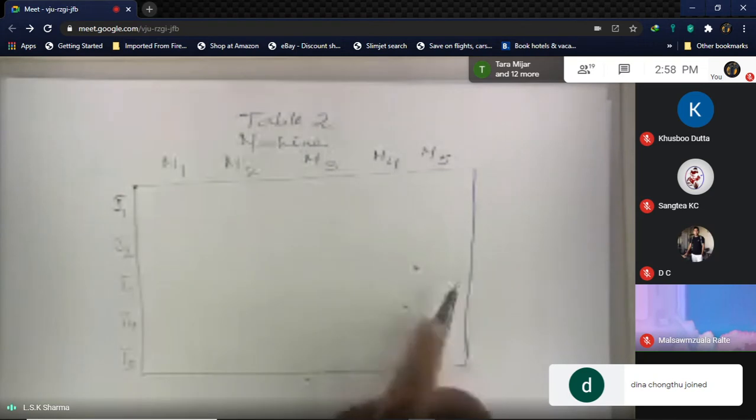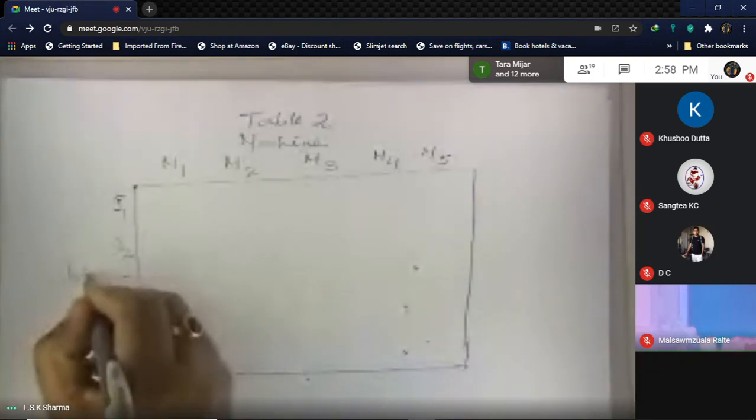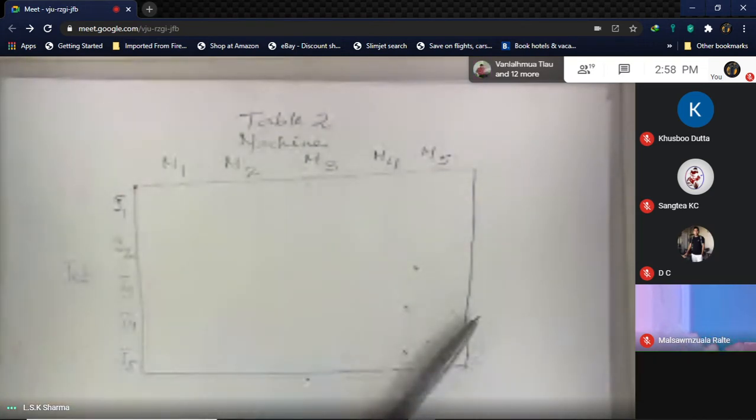All right, and these J stand for job. So step 1 is subtract the smallest element in each row from every element in that particular row.